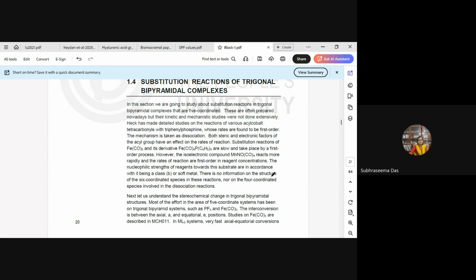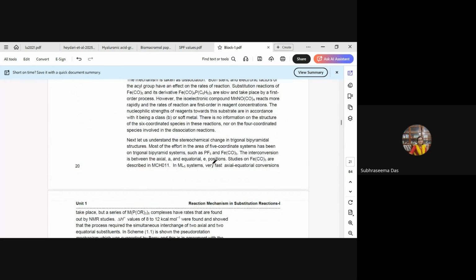We know this is a five-coordinated system, that is TBP. In such cases, for PF5 and Fe(CO)5, there is an interconversion between the axial and equatorial positions.